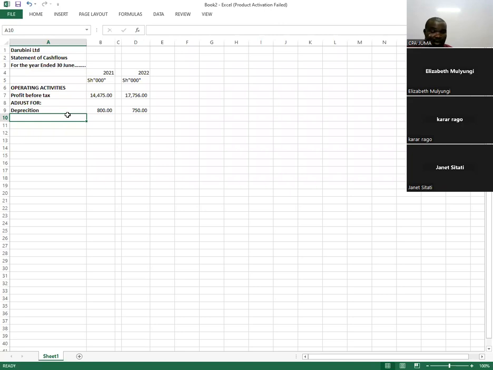Which expense? I can be able to see one. Which one is this? Someone, which is this expense you are seeing before PBT, which is not an operating expense?